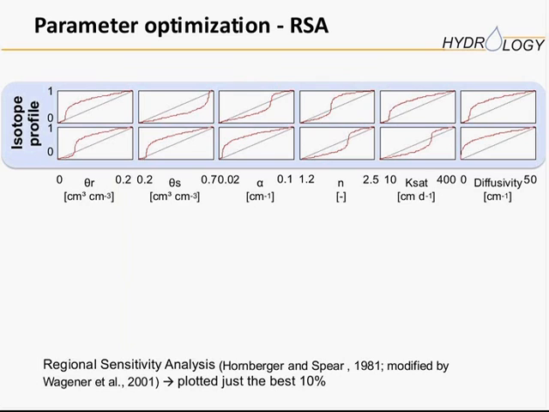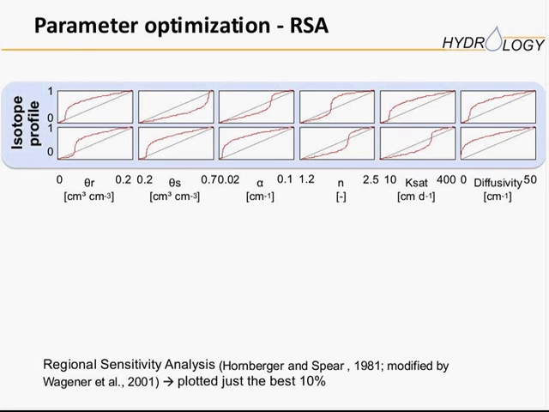Good. So here you see an example of parameter optimization using the regional sensitivity analysis that was introduced by Hornberger and Spear in 1981. If the red line is far away from the diagonal black one, it shows you how well a certain parameter is identified.